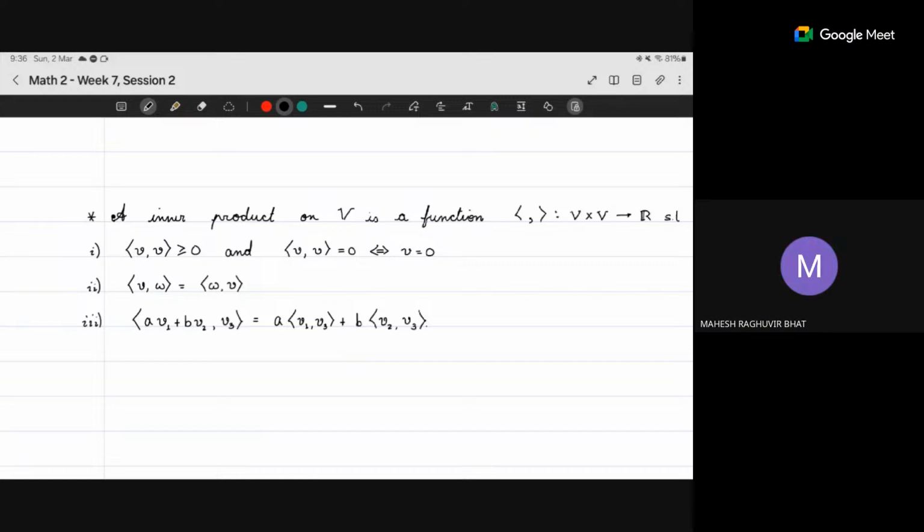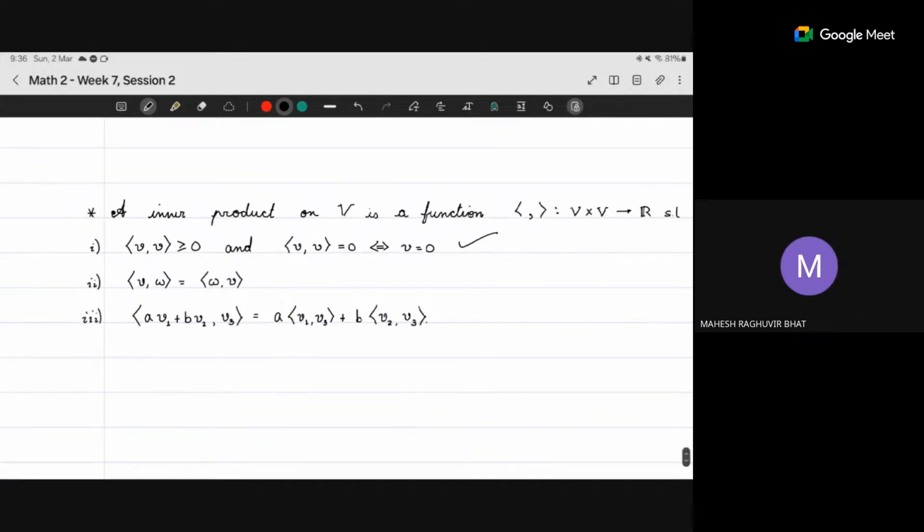So the inner product of the 0 vector with itself is 0, and no other vector has the property that the inner product of that vector with itself is 0. So you can think of this as non-negativity of the length of the vectors, if you want to connect it with the dot product.